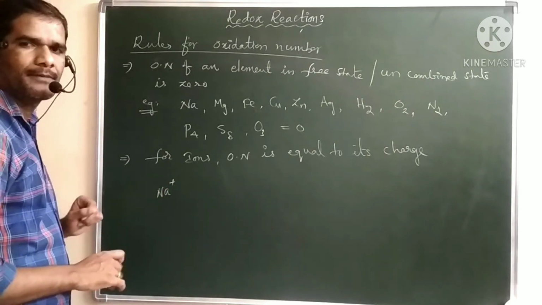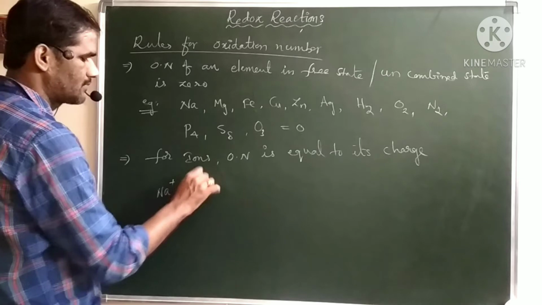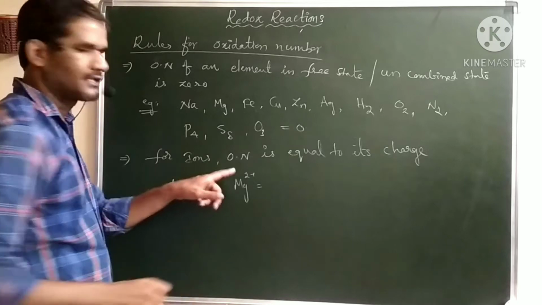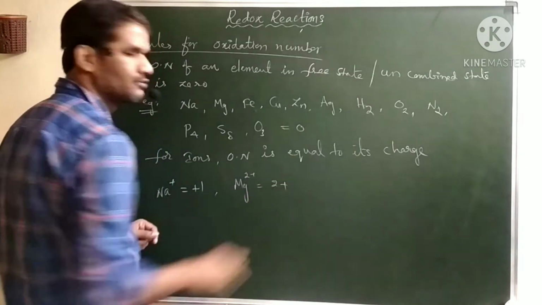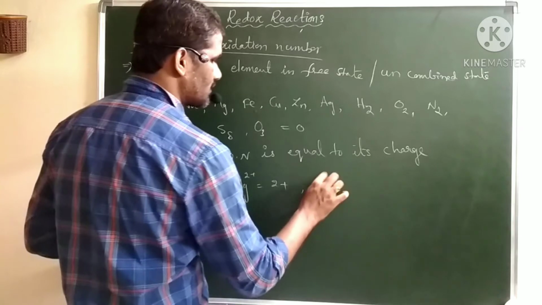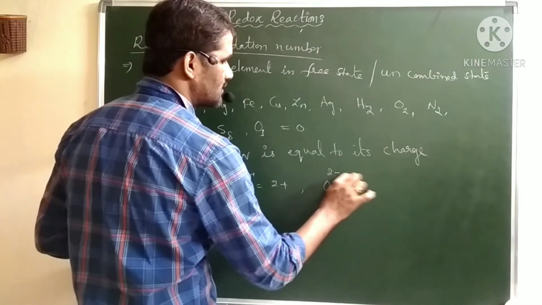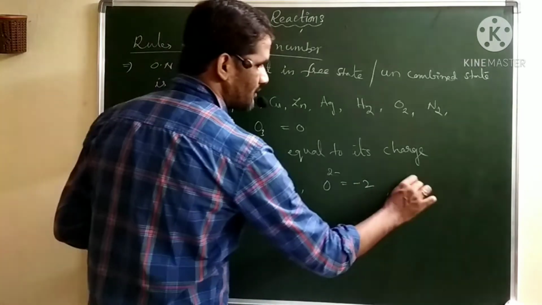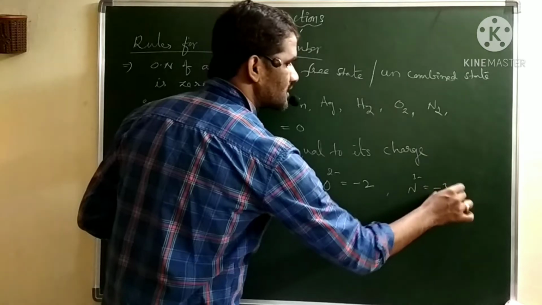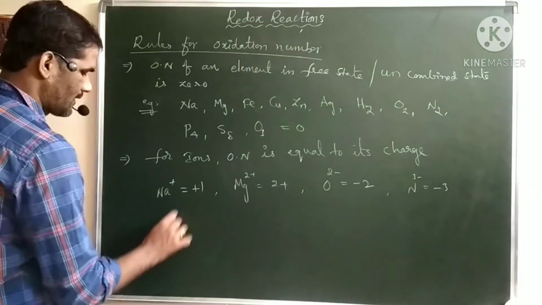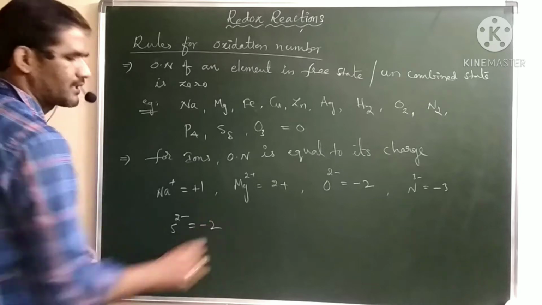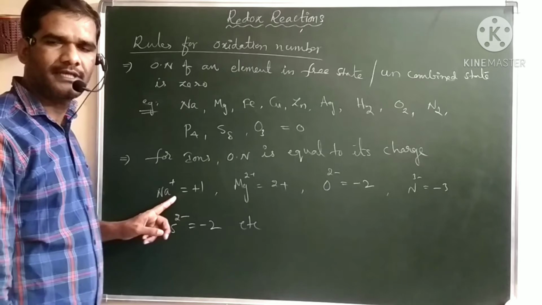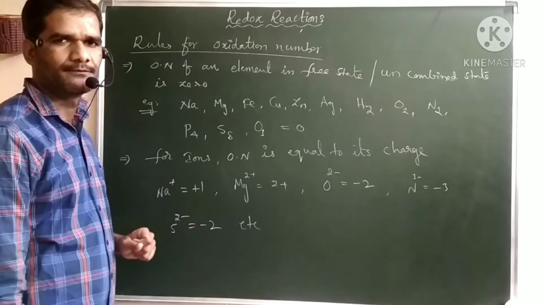The charge present on Na+ is 1, so the oxidation number is +1. Magnesium 2+ carries a 2+ charge. Similarly O2-, here the oxidation state is -2. N3-, oxidation state -3, S2-, oxidation state -2, and so on. Whatever the charge present on the ion is its oxidation state.